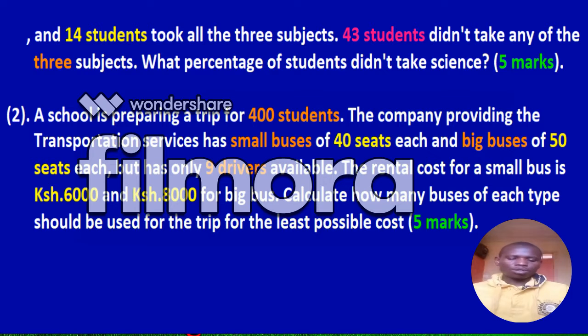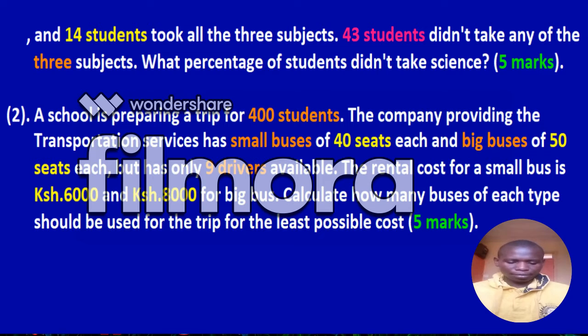The rental cost for a small bus is 6,000 Kenya shillings and 8,000 Kenya shillings for the big bus. Calculate how many buses of each type should be used for the trip for the least possible cost.